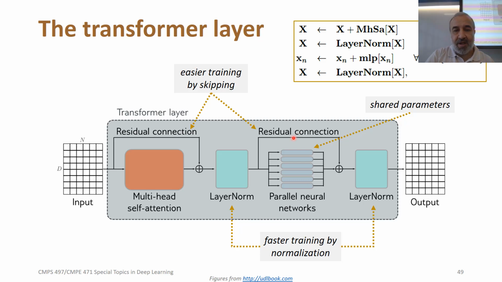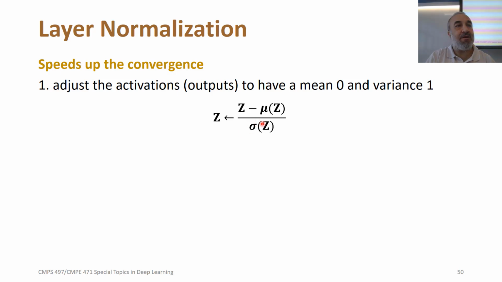We get the input here, the embedding vectors for all the tokens. We compute the mean of them and the standard deviation and apply this to the values.